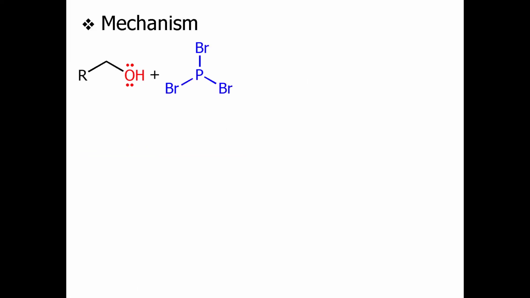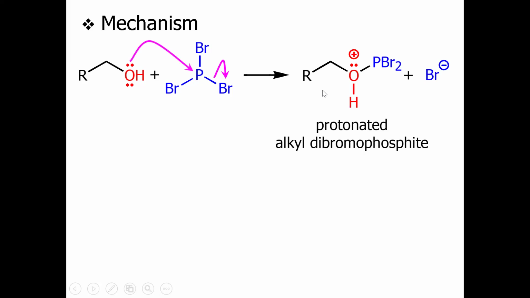Here is the first step of the mechanism, where alcohol reacts with phosphorus tribromide. The alcohol oxygen acts as a nucleophile and phosphorus acts as a Lewis acid to give this intermediate, and the bromide ion departs and we get the protonated alkyl dibromophosphite.